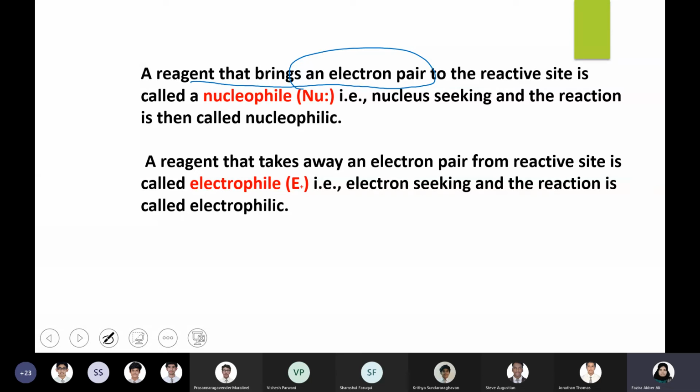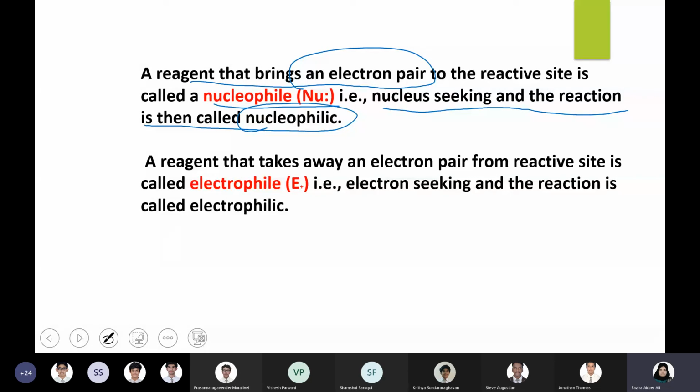That is the substrate. You have a minimum of one substrate and one reagent. So when this reagent, the nucleophile, is added to the substrate, it will be giving out that electron pair. That is what a nucleophile is. They are nucleus seeking groups, and such reactions involving a nucleophile are called nucleophilic reactions. This is how organic reactions are classified: nucleophilic reactions and electrophilic reactions.